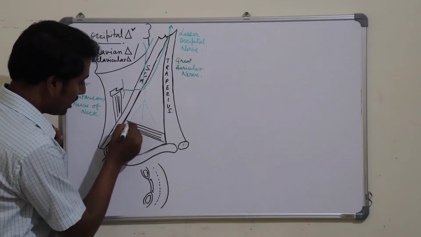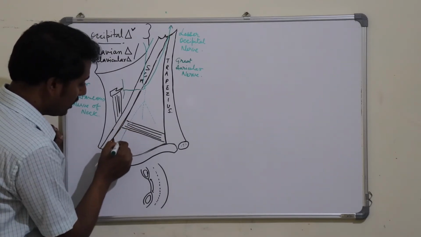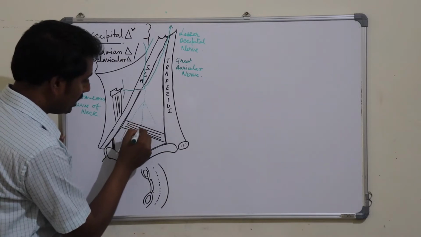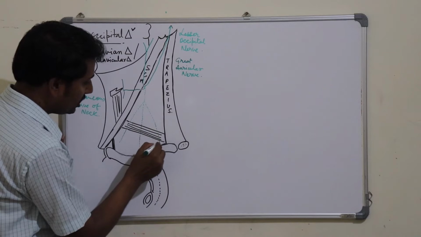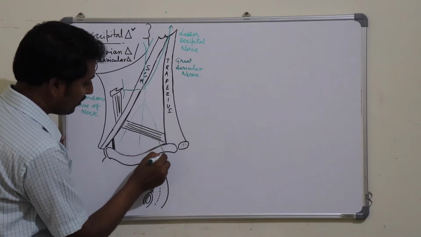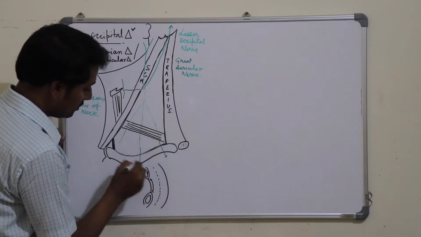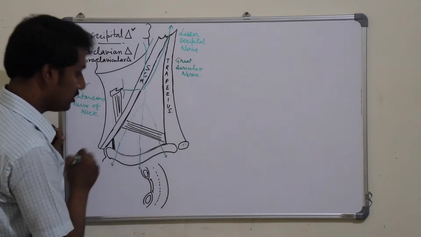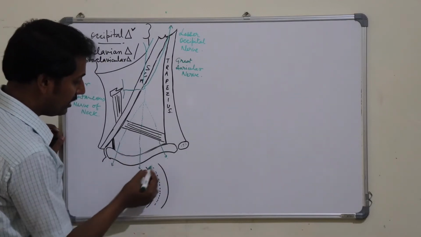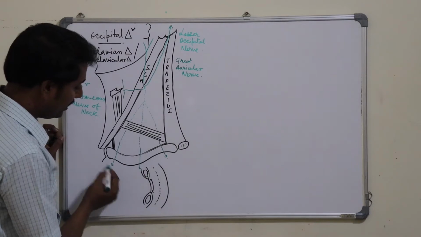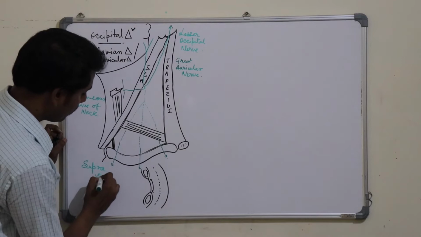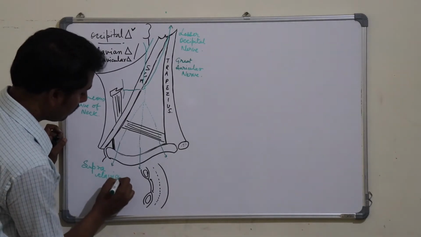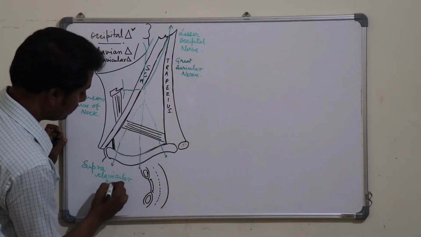At first they lie below the deep fascia just above the level of the clavicle, then pierce the deep fascia to come into the superficial fascia. So these were the lateral, intermediate, and the medial supraclavicular nerves.